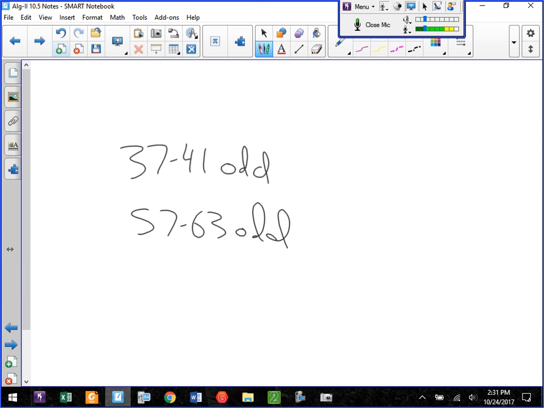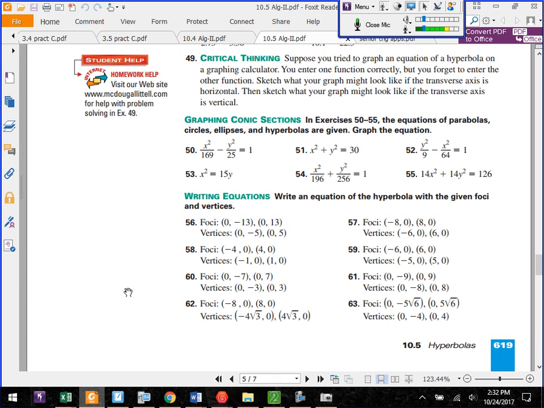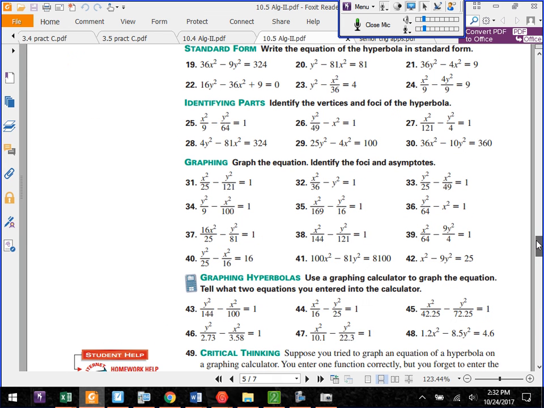Now, I want to show you a little trick that happens on some of these problems from time to time. And how do you alleviate a fraction? So on number 37, and I had forgotten to show this in the first hour, so if you guys see anybody in first hour, tell them how to do this.